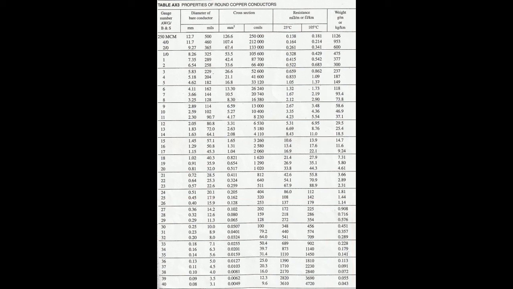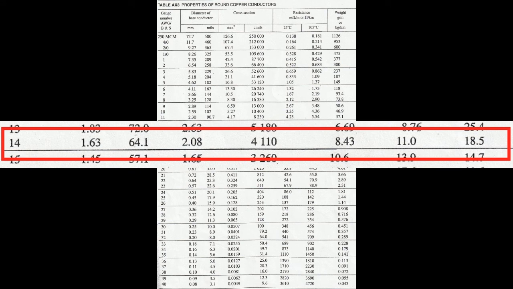A perfect example of all of this, if we take American wire gauge 14. If you scroll down the left-hand column to gauge number 14, you can see that the diameter is 1.63 millimeters. You can see the cross-sectional area is 2.08 millimeters squared.